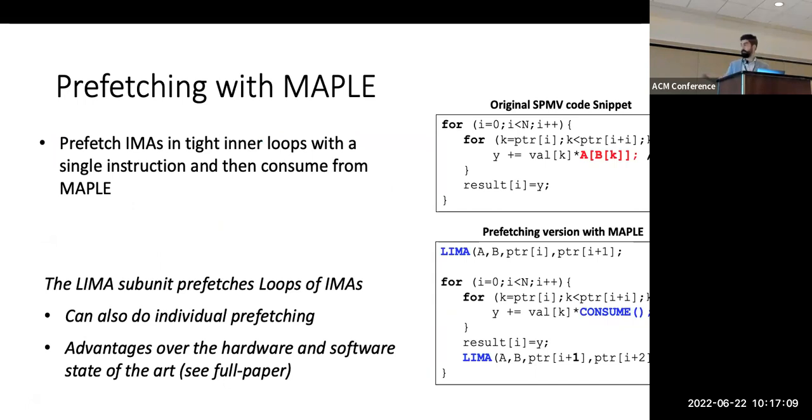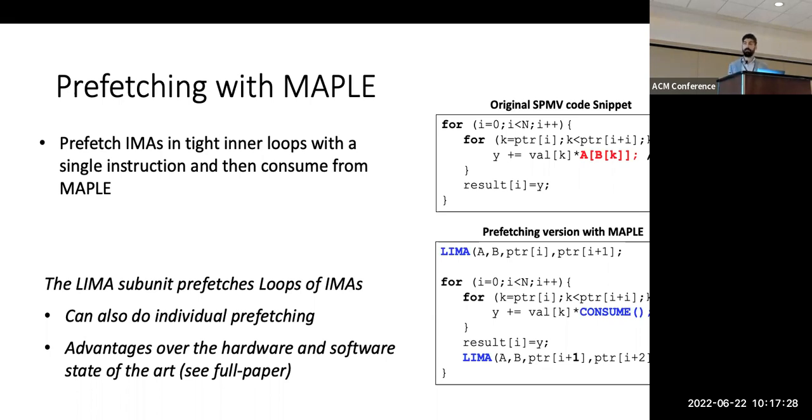We orchestrate this with a single LIMA operation, prefetching the loop so that it can later be consumed. So the previously indirect memory access is now changed to a consume in a streaming pattern from Maple.